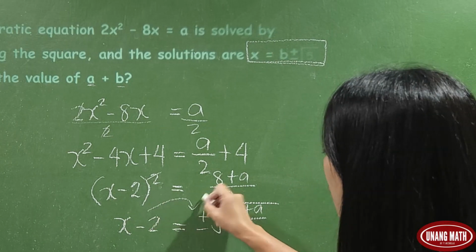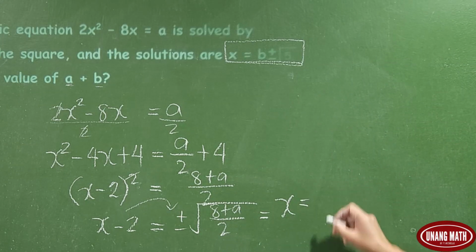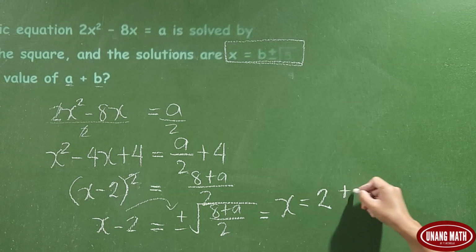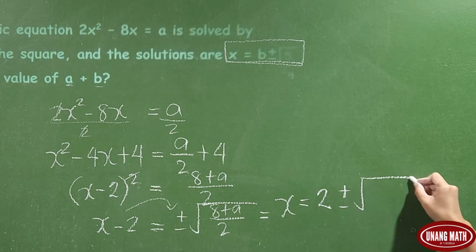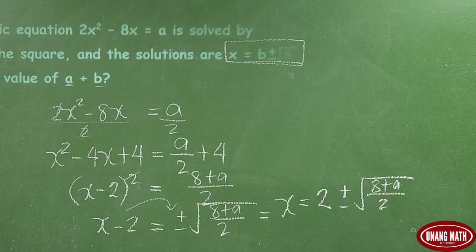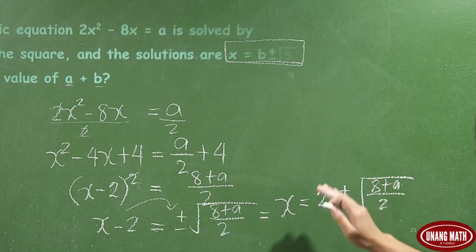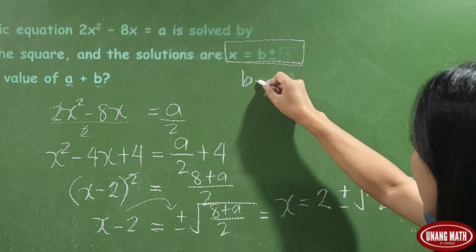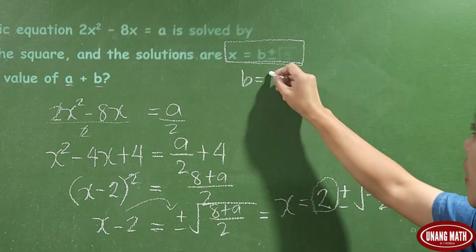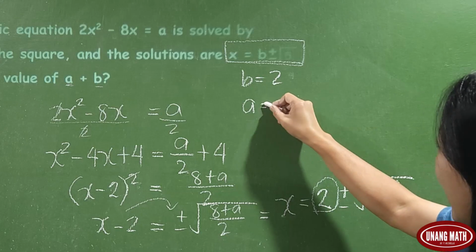So move negative 2 to the other side. So we now have x is equal to 2 plus or minus the square root of (8 plus a) over 2. So this is equal to this equation. So in other words, b here is 2.